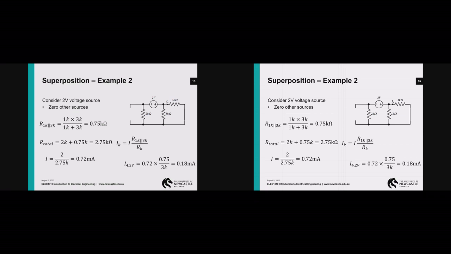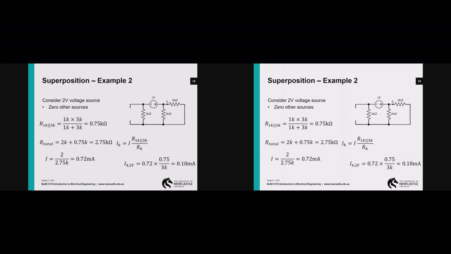So the question was, for those watching at home, how do I know when to use superposition or Kirchhoff's laws? There's no right or wrong answer, so I can't give you a definitive rule. The place where I would think about it is where I've got more than two sources.